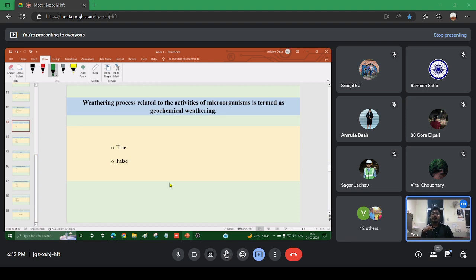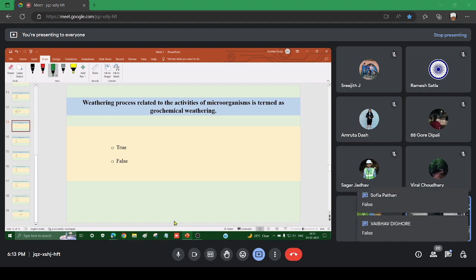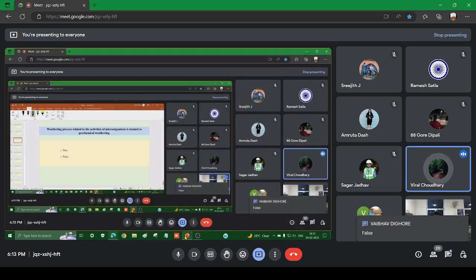Weathering process related to the activities of microorganisms is termed as geochemical weathering. False. So if it is false, then what is it called?